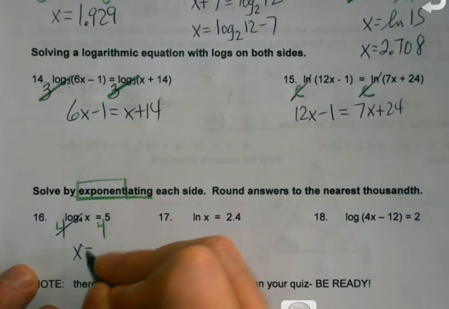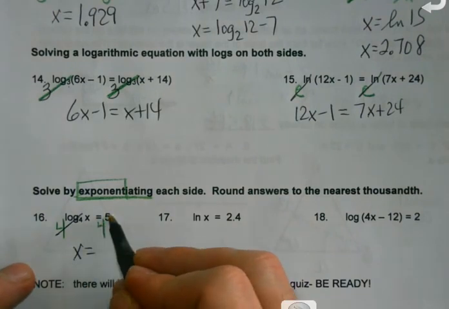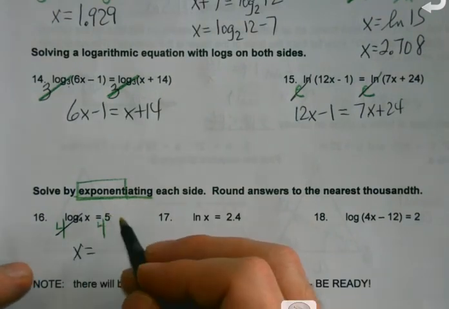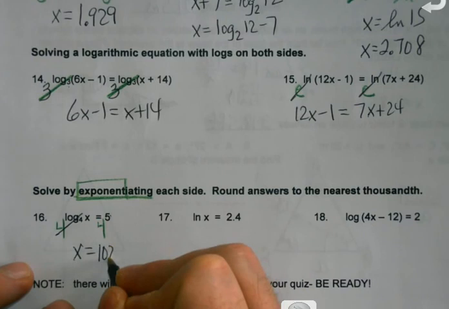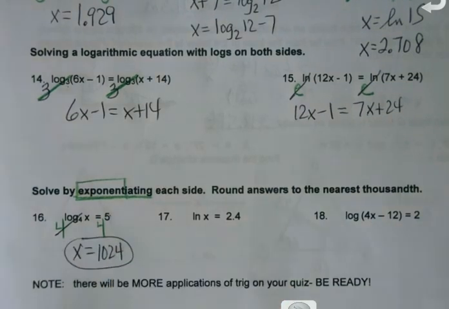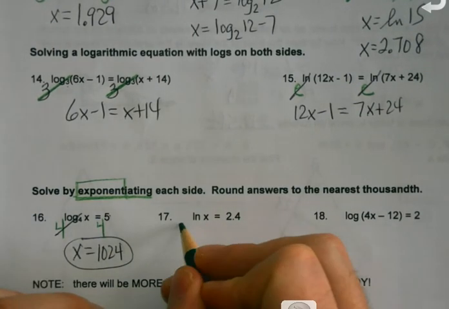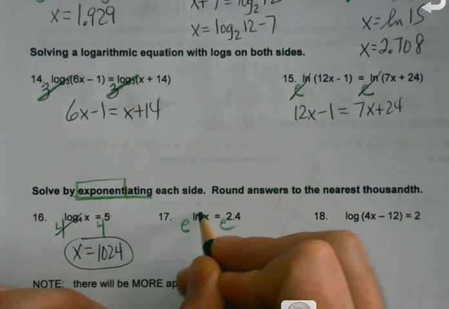So this isn't 4 times 5. It's 4 to the 5th power. So let that word exponentiating be like your light bulb turning on and going, oh yeah, these are going to turn into exponents. Okay, I need to get rid of ln.